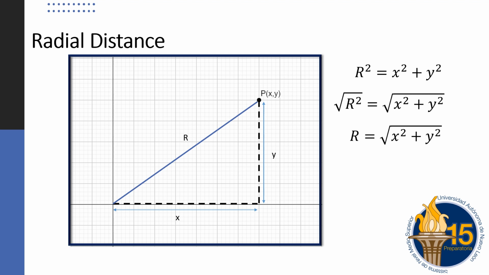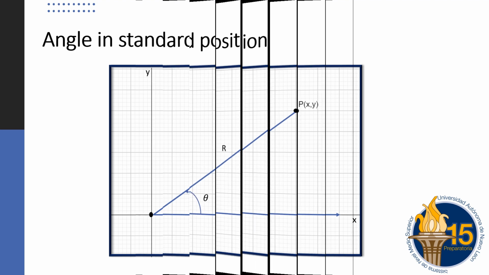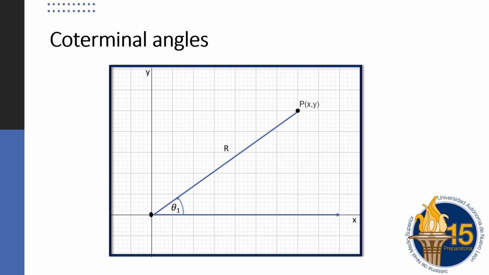According to this, we can say that three values are associated to a point P. Those values are x, y, and r, but an angle is also associated. The angle associated to a point in its standard position is an angle with vertex at the origin, its initial side lies on the positive section of the x-axis, and its terminal side is the ray r that passes through the point P. There is an infinite number of angle values that can be associated to a point P, because if it turns all the way around, it will reach the same terminal side.